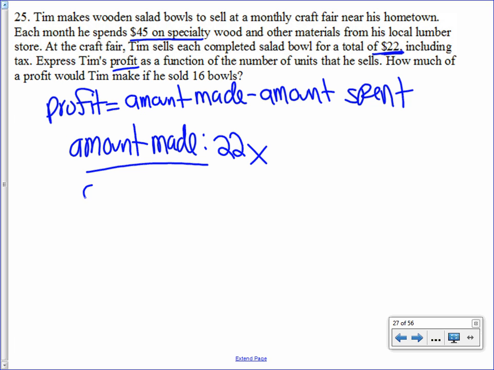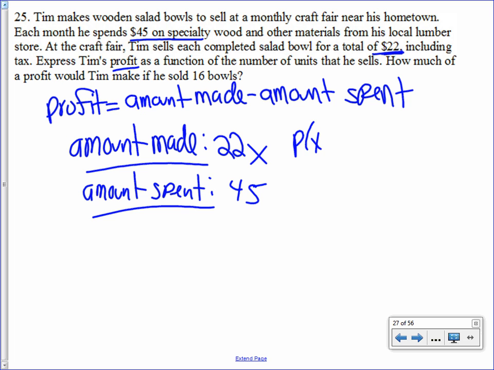The amount spent, well, all he did was spend $45. Not $45 per bowl, just $45. So his profit would be his amount made minus his amount spent.